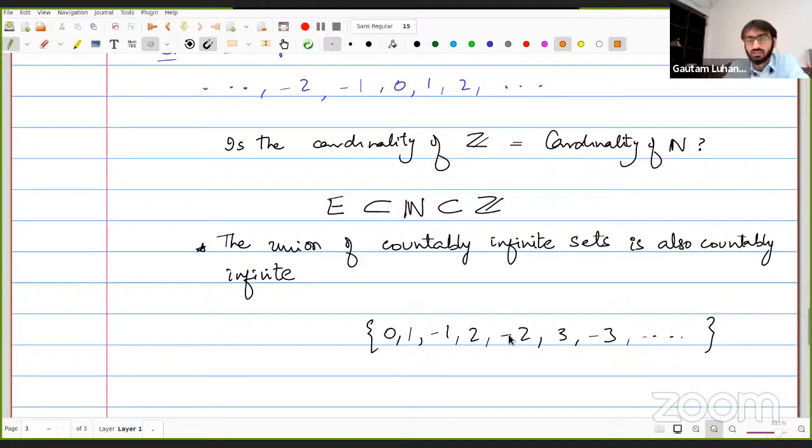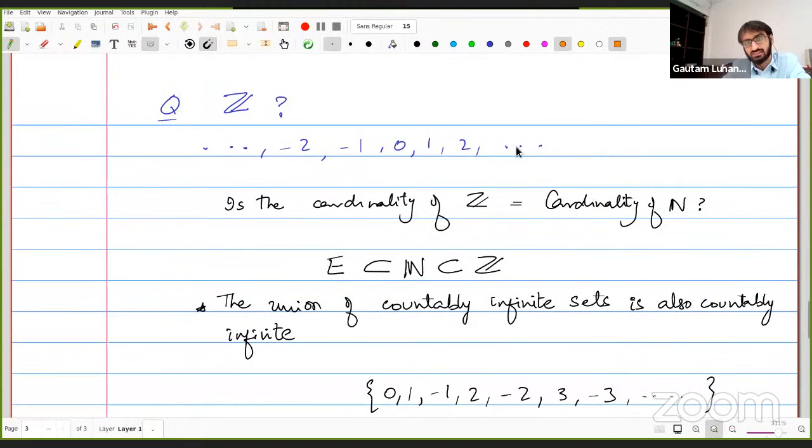Okay, so when you write it like this, going in both directions, it seems difficult to count them, because if you start counting 1, 2, 3, you keep going in one direction, but you miss out all the numbers in the other direction. So the right way of counting them is to count them alternatively: 1, 2, 3, 4, 5, 6, and so on.